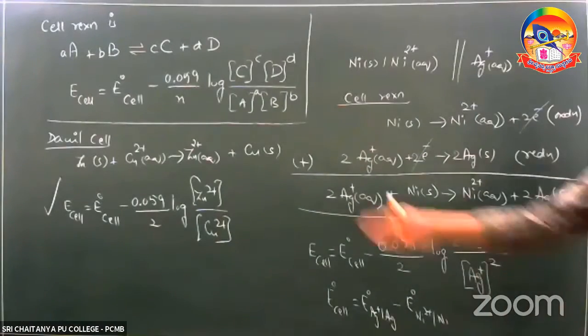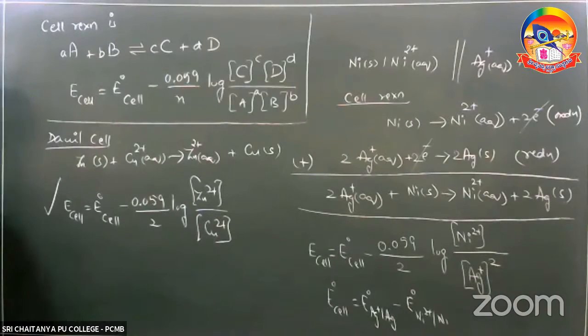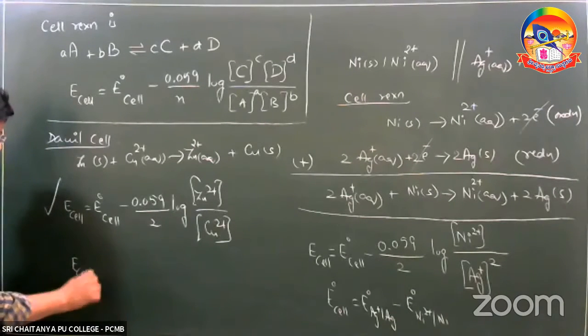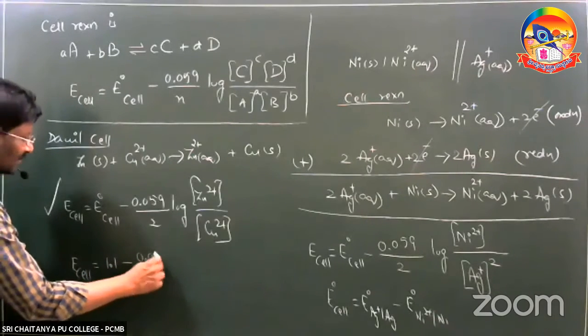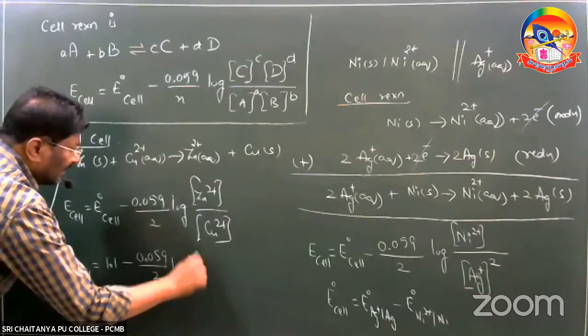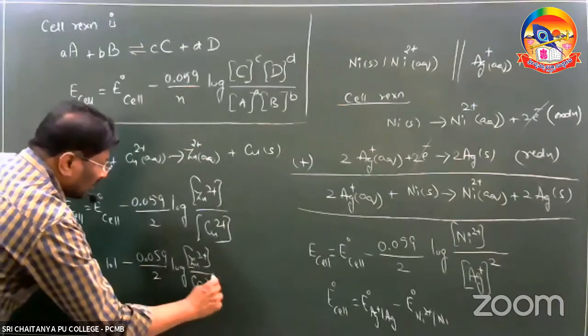What is the E naught cell value? 1.1, already we know that, because it is a constant. So we write E cell is equal to 1.1 volts minus 0.059 by 2 log Zn2+ divided by Cu2+ concentration.